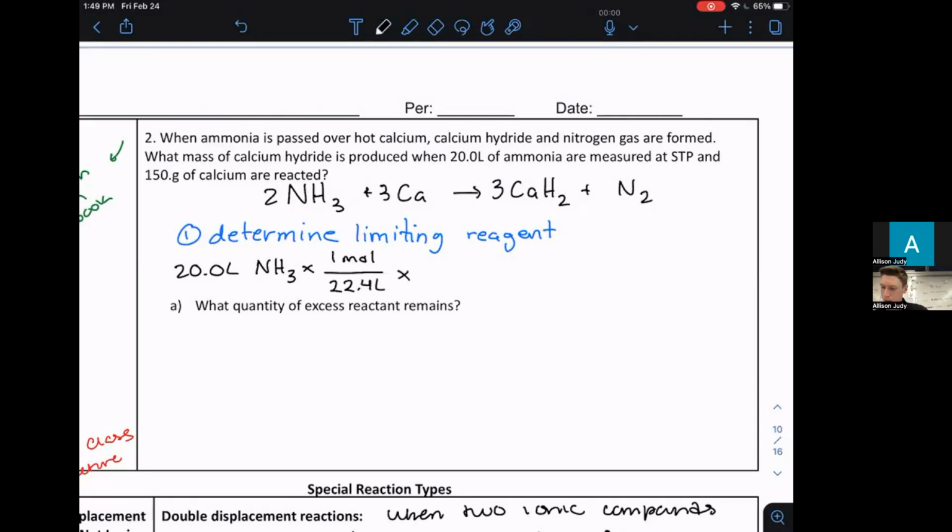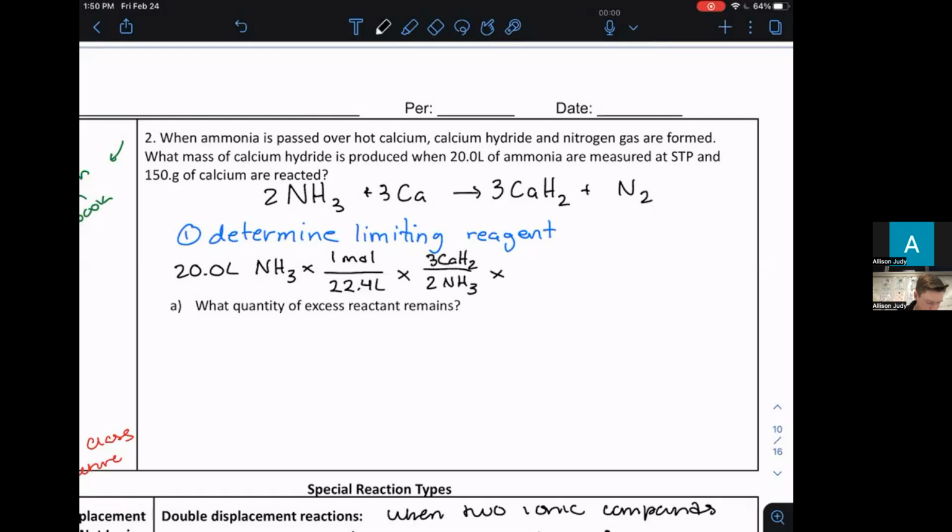Now we're measuring the amount of calcium hydride produced. So we're going to use our molar ratio, which is of course 2 moles of ammonia for every 3 moles of calcium hydride. And then we need our molar mass of calcium hydride to convert to the number of grams.